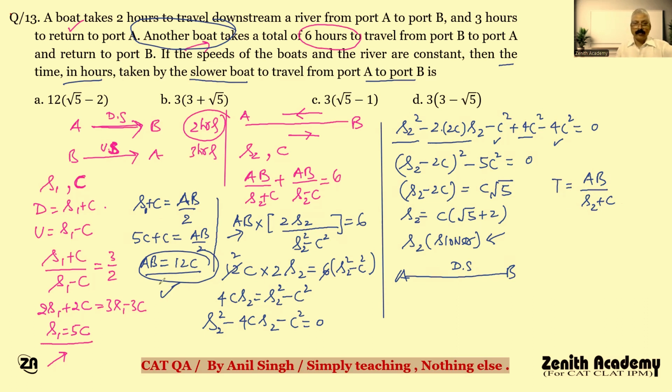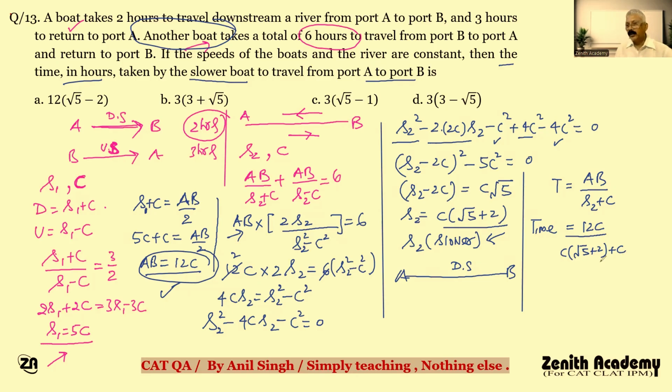AB you have already found in terms of C is 12C. And S2 you calculated as C root 5 plus 2, and this plus C. This is the time taken by the slower boat A to B. And now simplify it, this will be your answer.